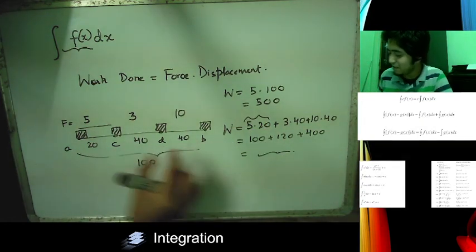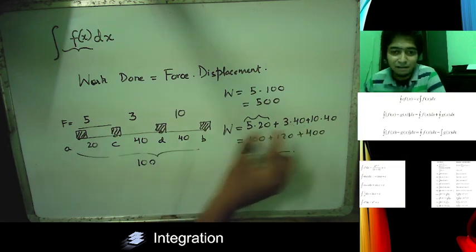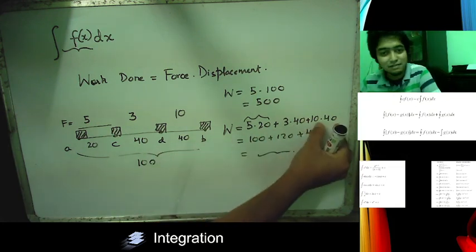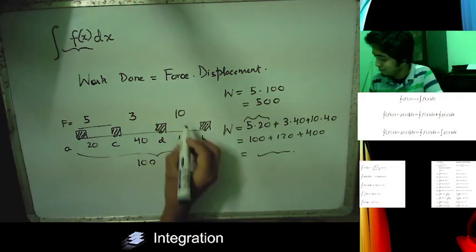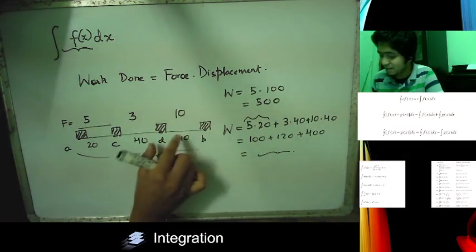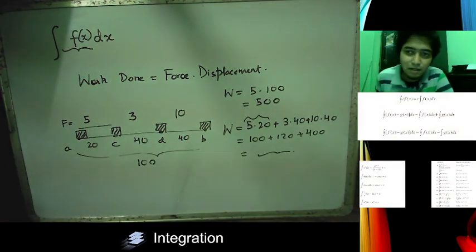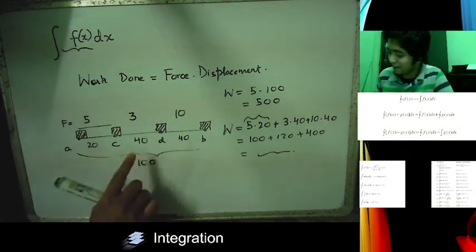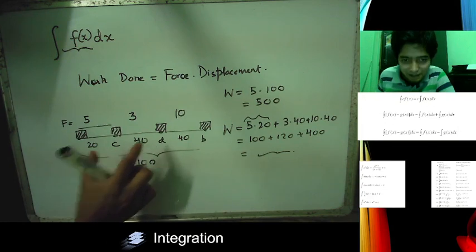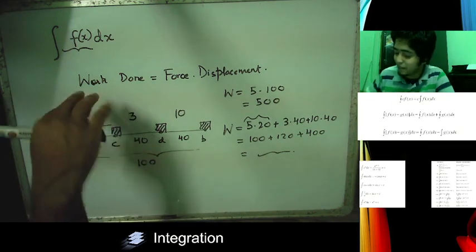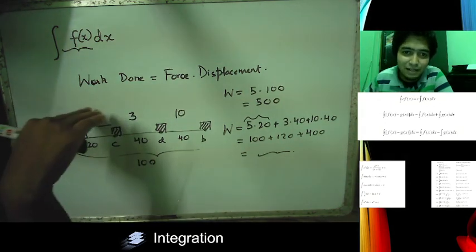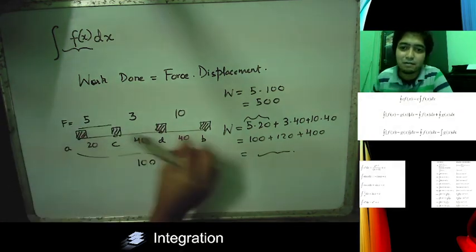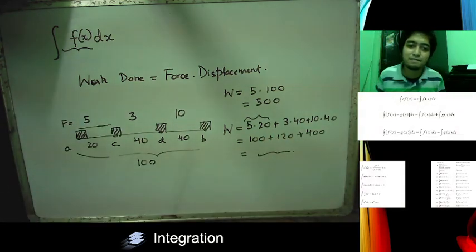Similarly, from C to D we can use this formula, and from D to B we can use force times displacement, because the force is 10 and remains the same from D to B. So we divided this into intervals and calculated the work done as a summation. Now we are summing 3 parts.